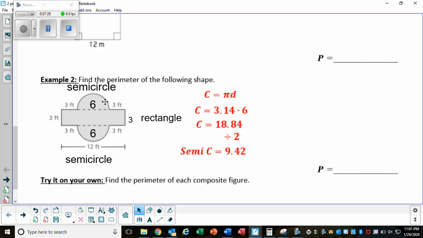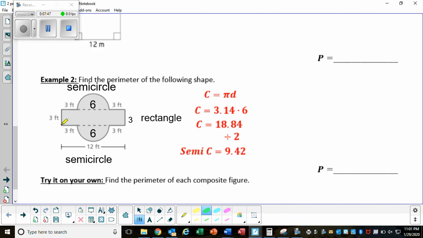That is the distance right here, 9.42. And since this semicircle has the same diameter, this one is also 9.42. So now that I have it, I'm going to go ahead and add them all together.